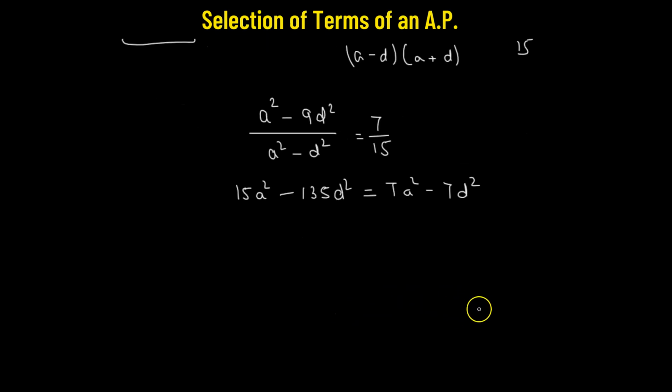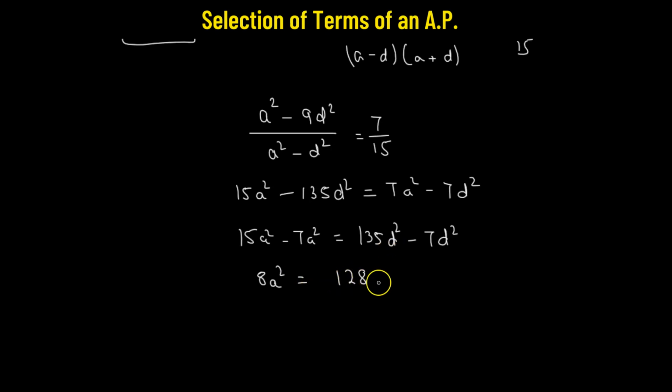So let's solve for this. We have 15a squared minus 7a squared, which will be equal to 135d squared minus 7d squared. So we have 8a squared, which will be equal to 135 minus 7, so that's 128d squared.